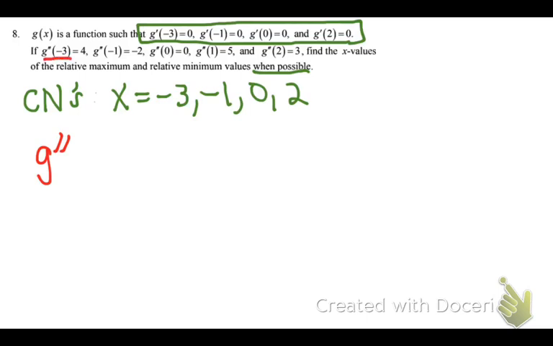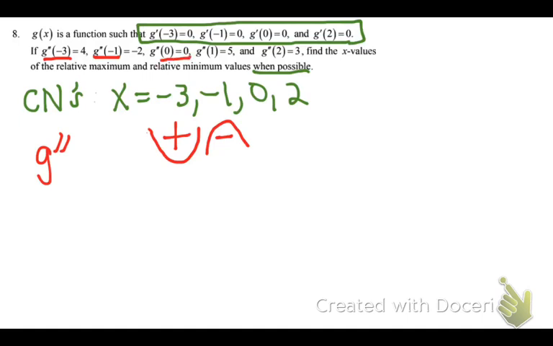So the output of the second derivative at -3 is 4, which is positive. So that's going to be concave up. The output of the second derivative at x equals -1 is a -2. So that would be negative or concave down.